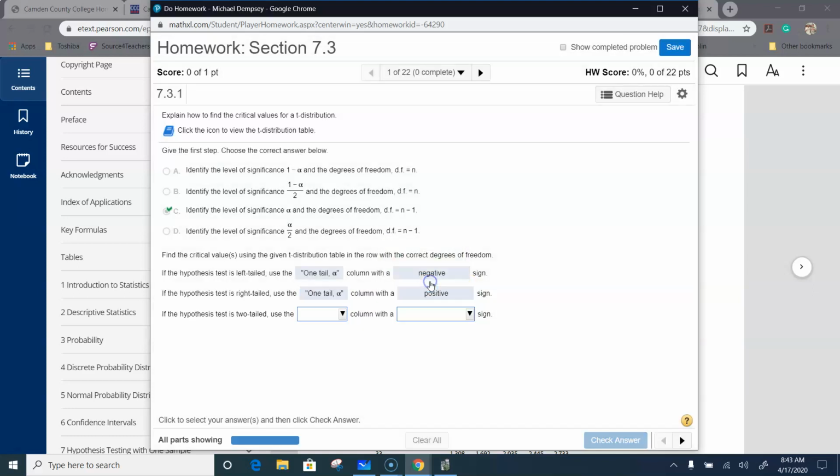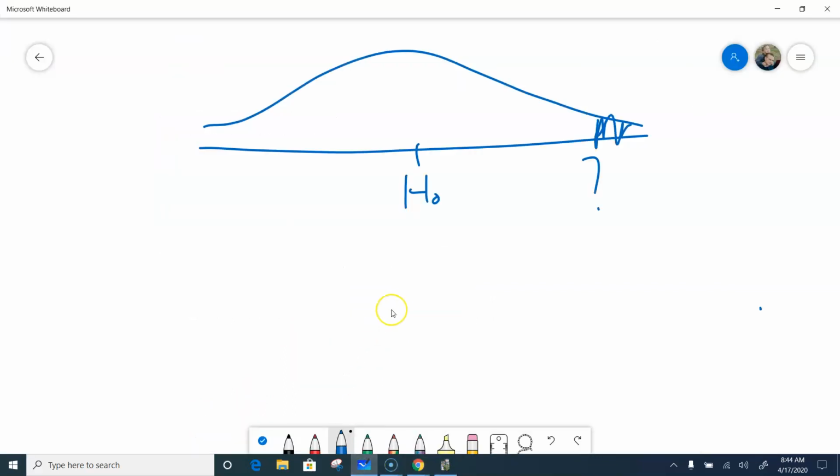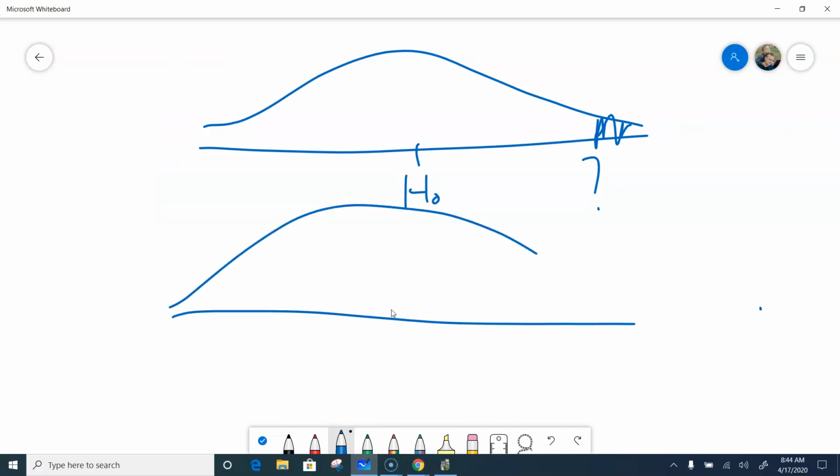And if it's a two-tailed test, then we have to take alpha divided by 2. If it's a two-tailed test, think about what that means. Our result could be significant in either place.